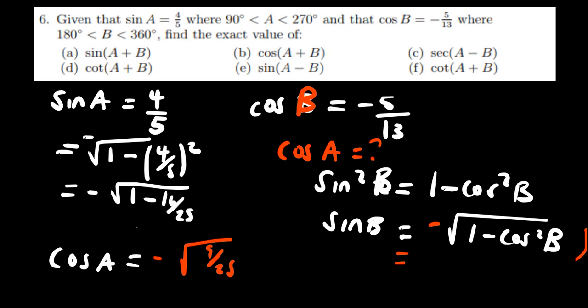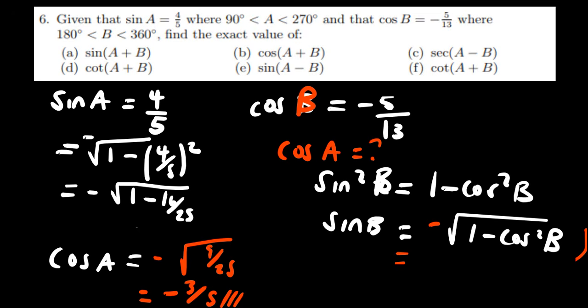The square root of 9 is 3, and the square root of 25 is 5. So we found our cos A.